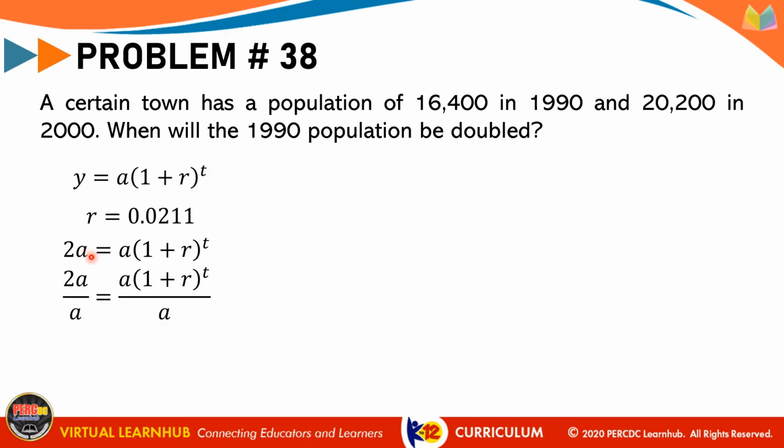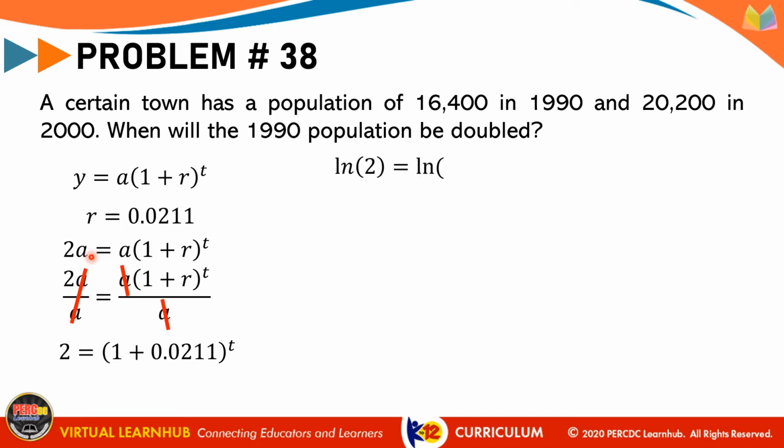So that will be 2A equals A times (1 plus r) raised to t. We divide both sides by A, and that will give us 2 equals (1 plus 0.0211) raised to t.